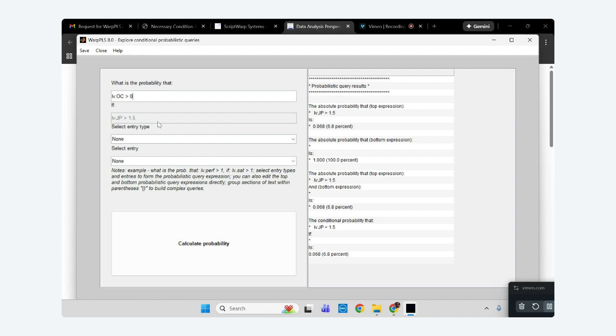That essentially tells me something important from a necessary condition analysis, and I'll show in a little bit why. So I clicked on calculate probability. So the probability that OC is greater than 0 if JP is 1.5 is 85.3%. What I want is a necessary condition, which means I want this to be 100%.